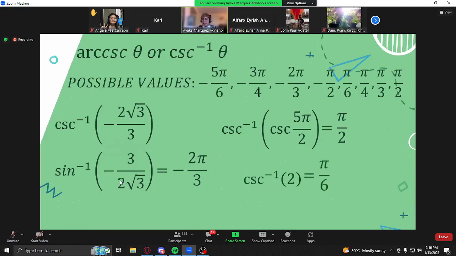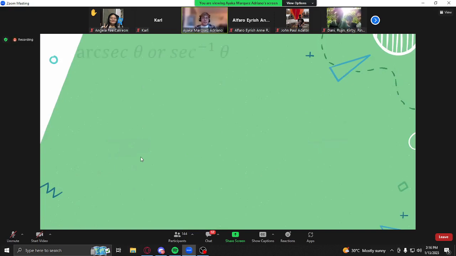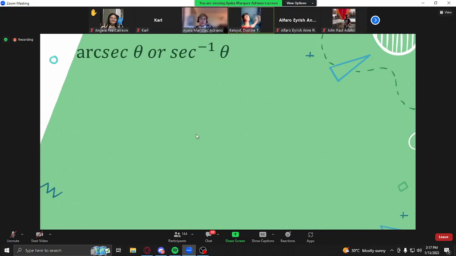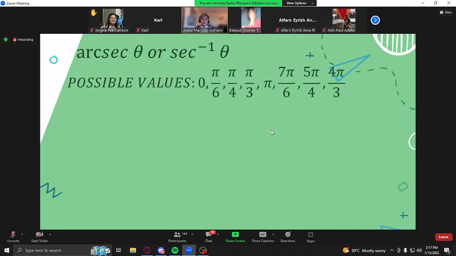Yung huli nating inverse trigonometric function, which is the arc secant theta, or the inverse of secant theta. So observe all the possible values, no, for the arc secant function.